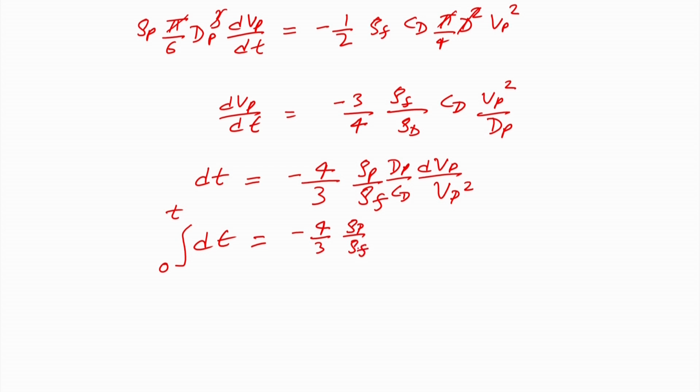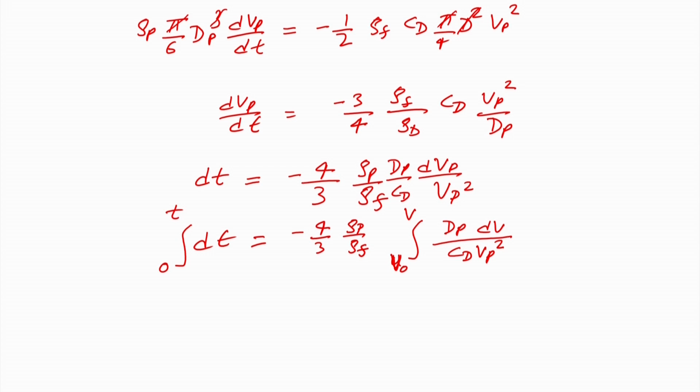It will be the integral from v naught to v of d p into dv upon C d into V p square. Now, we are not writing the C d outside. Why? Because C d is going to be a function of Reynolds number, as we have already discussed.